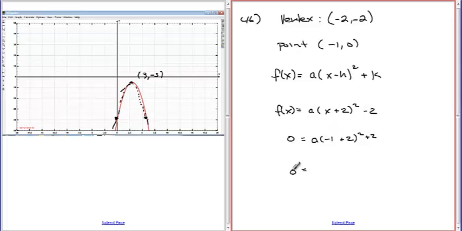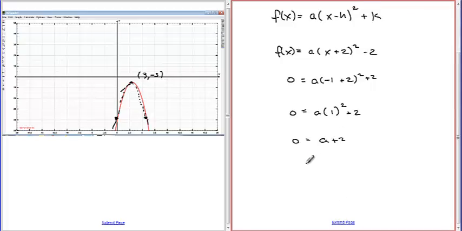So you get 0 is equal to a times 1. 2 minus 1 is 1 squared. So that just becomes 0 is equal to a plus 2. 1 squared is 1, a times 1 is a. And then you subtract 2 from both sides, so you get a is equal to negative 2. And therefore, the function is negative 2 times x plus 2 squared minus 2.